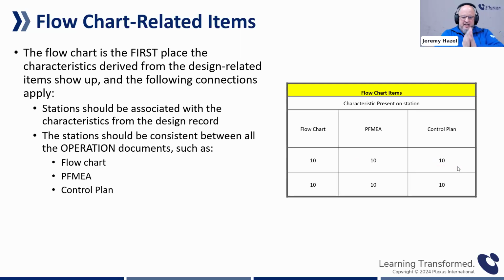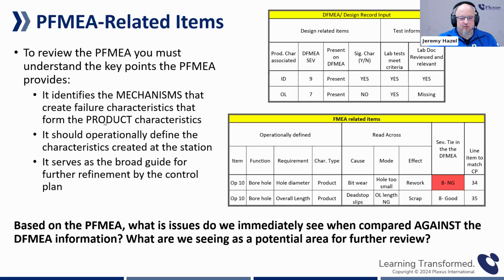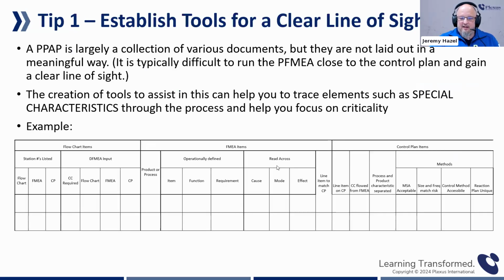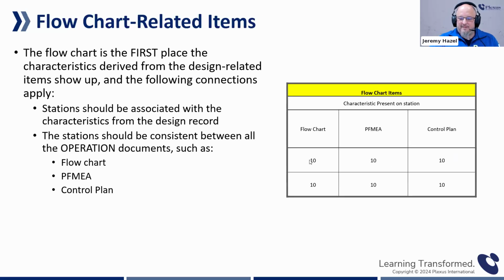Notice that I'm not taking the FMEA in isolation and trying to blow it all out. Right here, I'm saying, okay, I've got characteristics from back here. I know a little bit about the DFMEA design side, and I should be able to see the ID and the overall length now formed in op10.